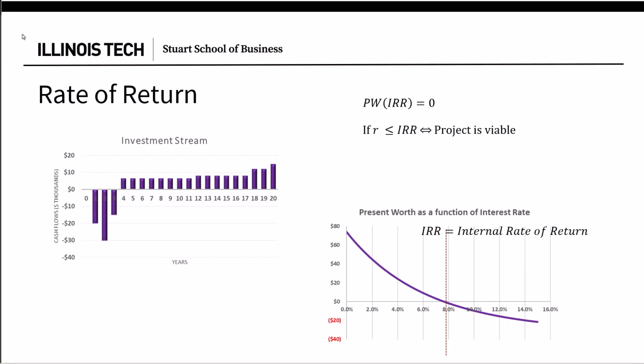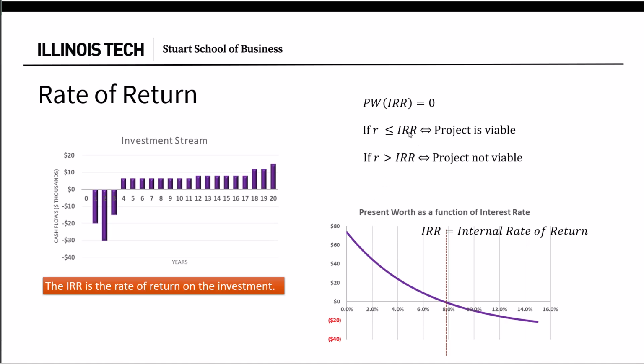In other words, we could not match the cash flows from the project if we invested this money at a rate of VAR. For that reason, if our interest rate is less than the IRR, we're going to say the project is viable. But if the interest rate is higher than the IRR, we're going to say the project is not viable, right? Because if we're getting a higher rate of return, we could invest this money and then exceed the returns from the project.